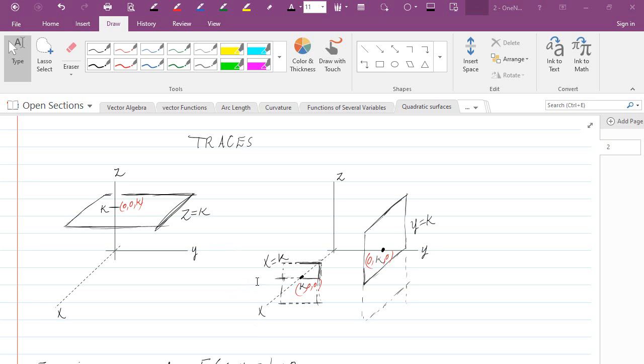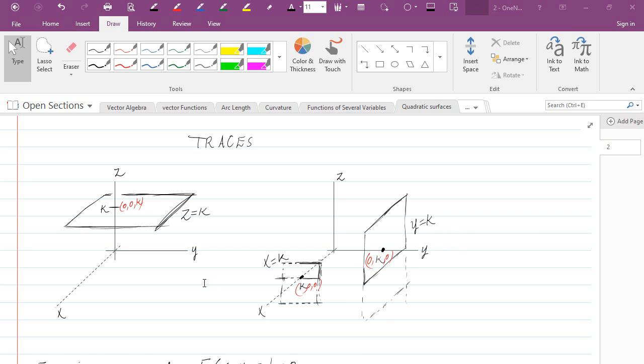Similarly, if I have the equation x is equal to k, that's going to be a plane that is parallel to the yz plane, and it passes through the point k, 0, 0 on the x-axis. And also, when we look at the equation y is equal to k, the graph of that equation is a plane that is parallel to the xz plane, and it passes through the point 0, k, 0 on the y-axis.